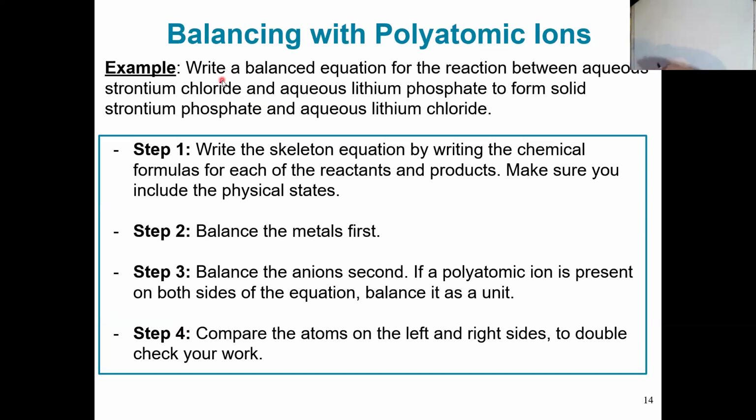Let's write out the words because we're going to have to make the formulas from these. We're going to have aqueous strontium chloride, and aqueous lithium phosphate, and it's going to form solid strontium phosphate, and aqueous lithium chloride.